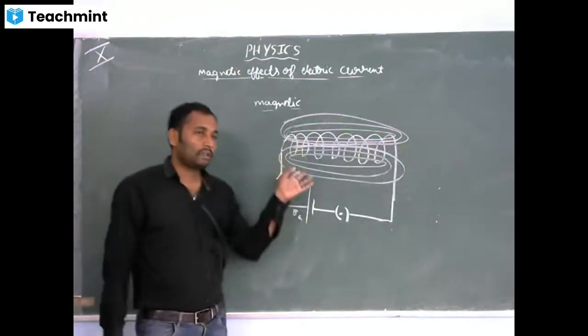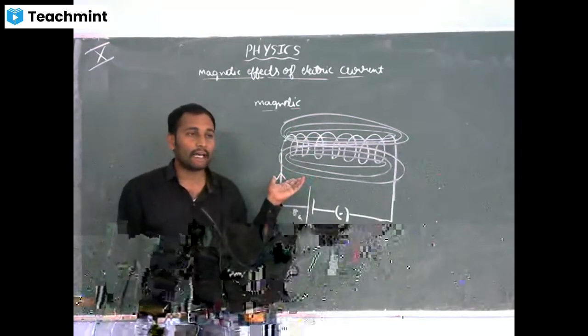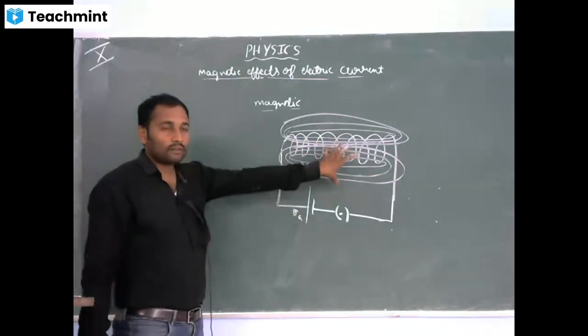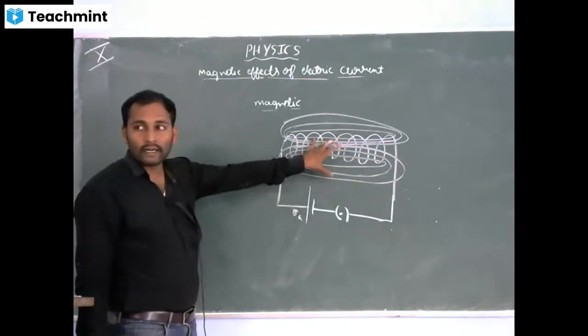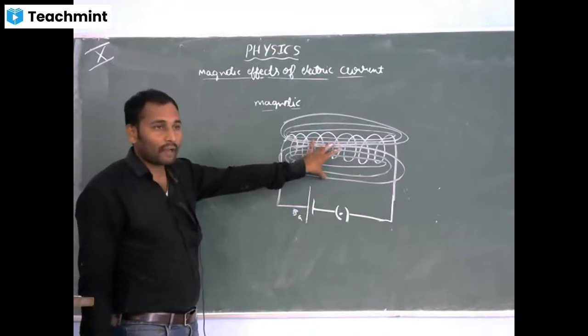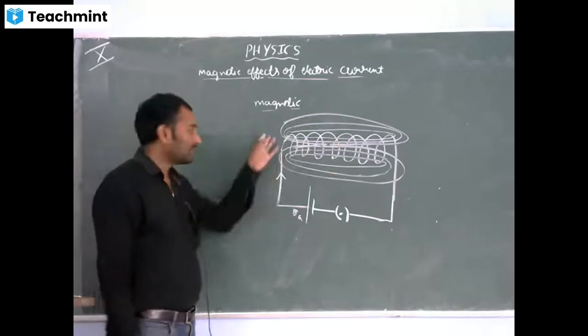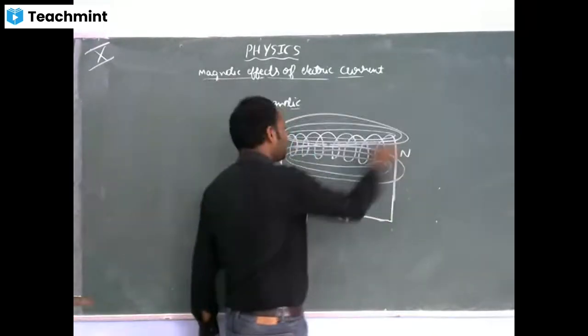This is how the magnetic pattern we will be getting in the case of a solenoid carrying electric current. As I said, the magnetic field lines obtained in the case of a solenoid are similar to the bar magnet. Which side is north, which side is south here? This is north, this is south.